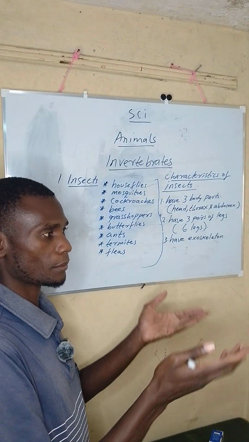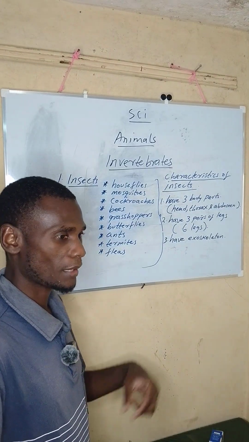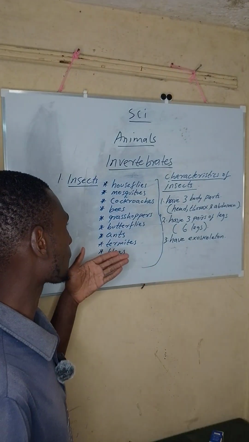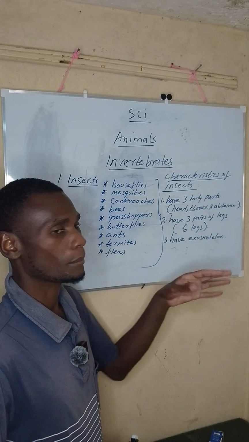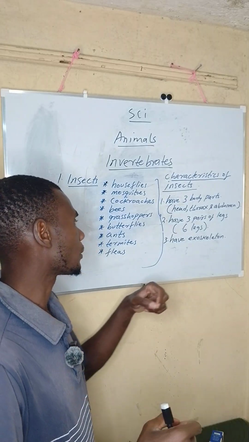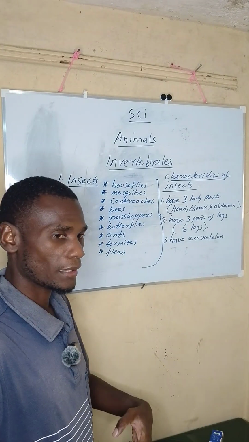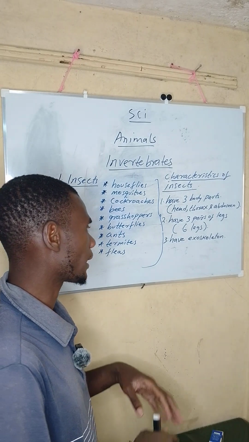Something very light is remaining. If you find a grasshopper dead somewhere, you look at it and you will find the same grasshopper, but there's nothing inside.